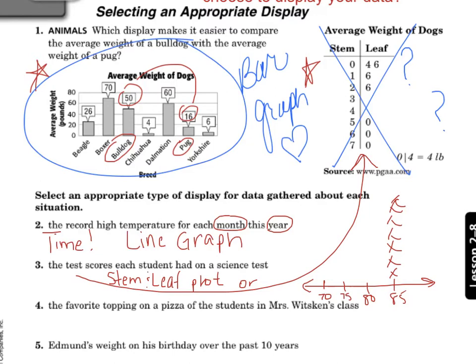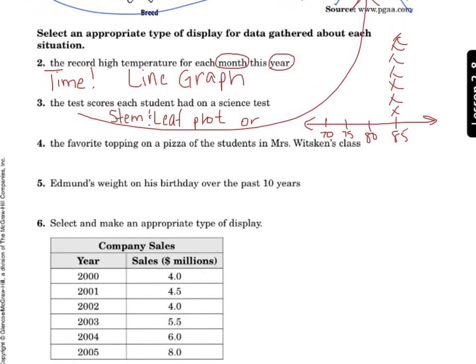All right, number 4, the favorite topping on a pizza of the students in Mrs. Witskin's class. We're talking about favorite. That means they must have taken a survey. And when you take a survey, you're putting your choices into categories.